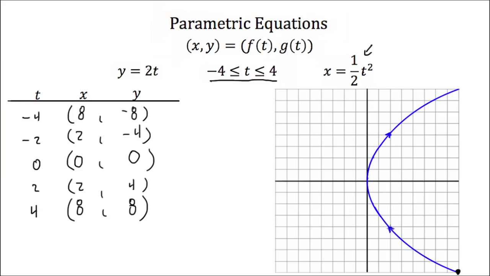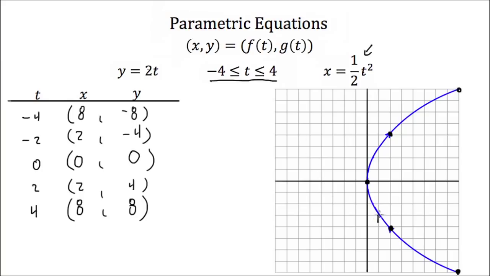That would be right here. At t equal to 0, I'm at 0, 0. That's right here. At t equal to 2, I would be at the coordinate 2, 4. That would be right here. And then at t equal to 4, I'd be at 8, 8, which is way up here.